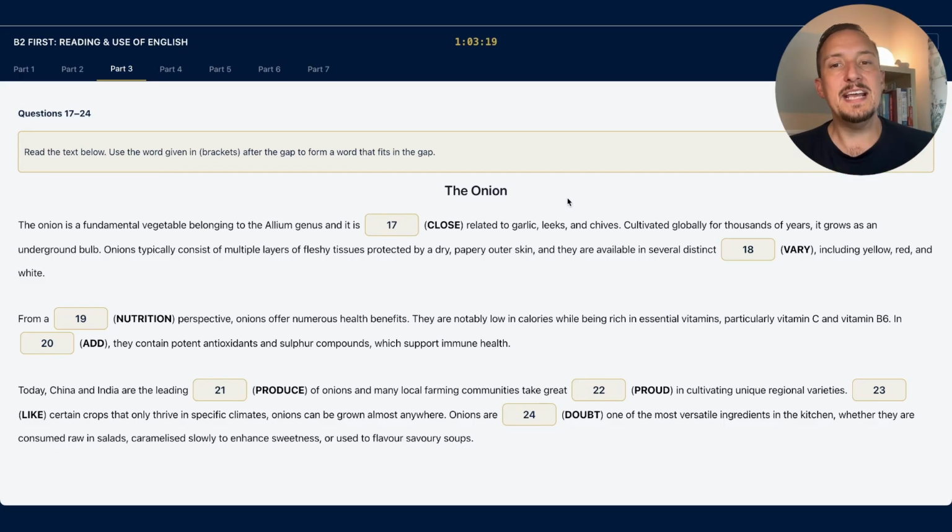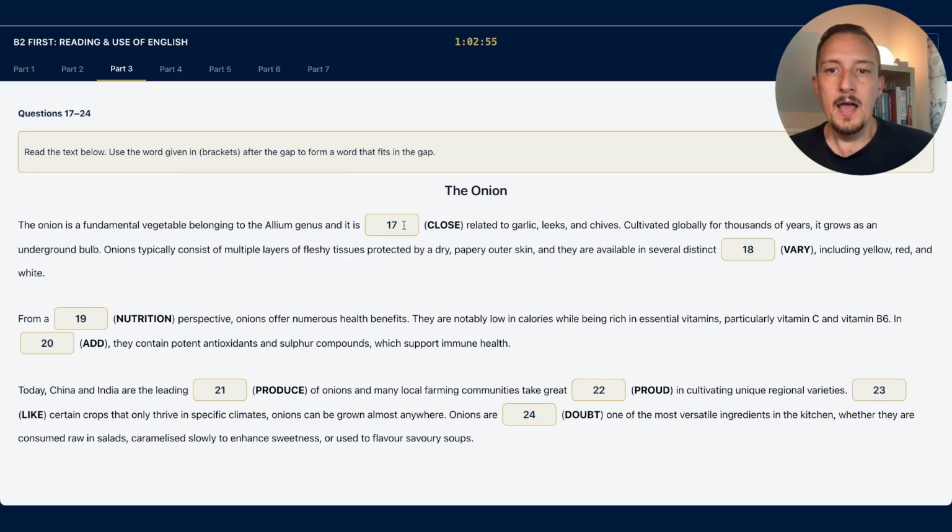So if you're taking the paper-based test, you will see these base words at the end of each sentence. There's normally only one per sentence. In this format, we've got the base word after the gap, but you might also see them elsewhere.